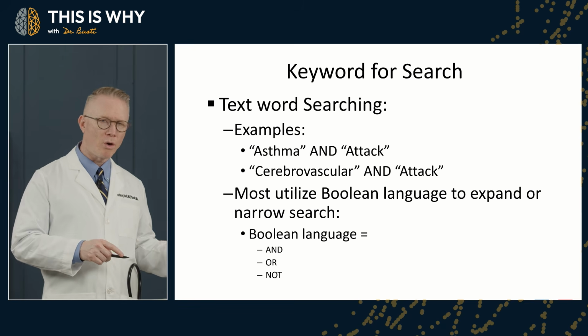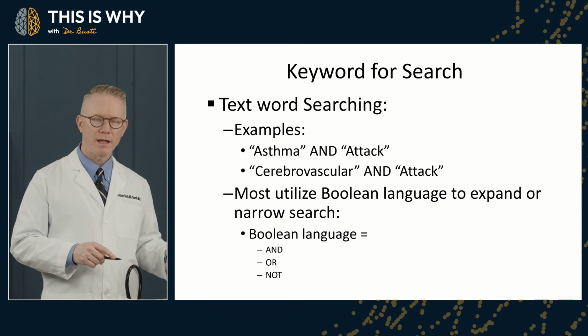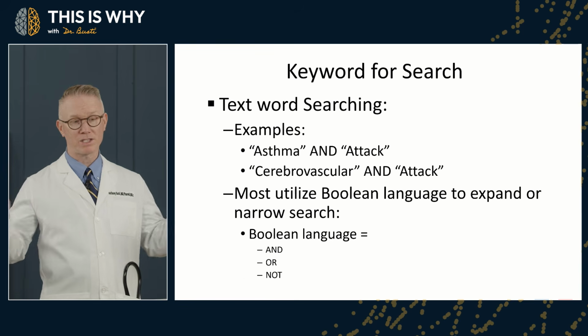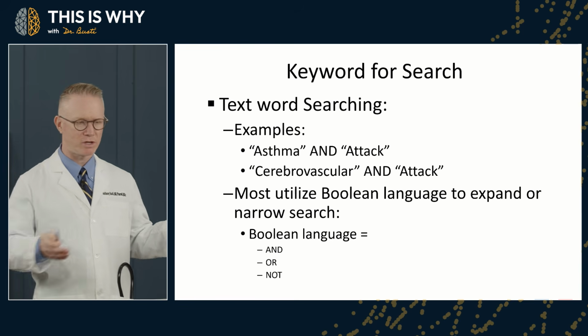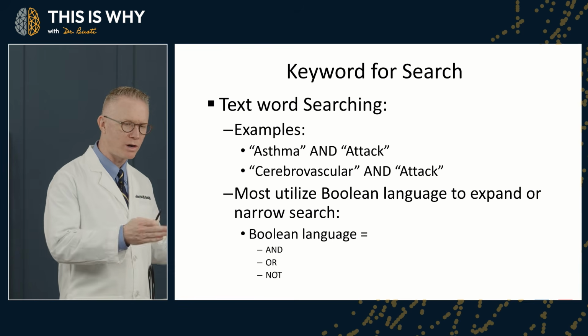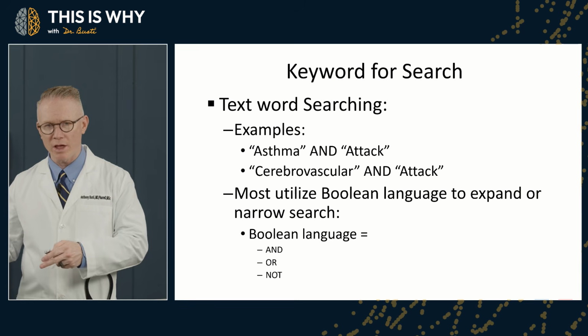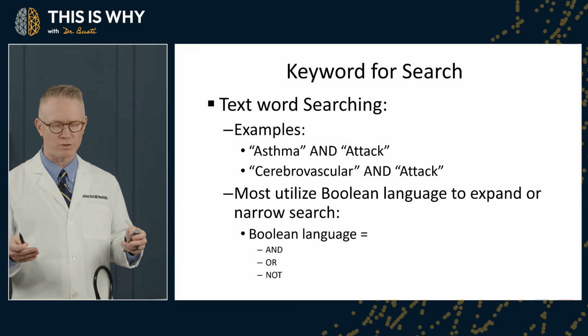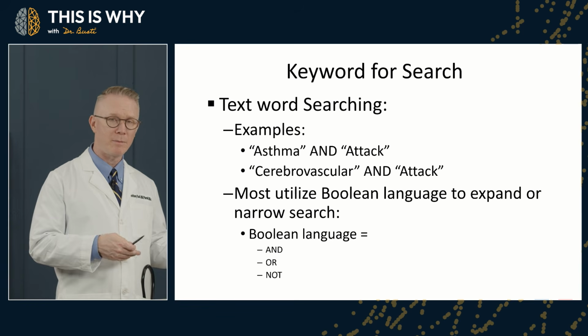If you do OR, okay, then that would be either word, and that would expand the search results because you might get results that only have one word and results that have only the other word, and so that would increase the total amount of search results that can be displayed.